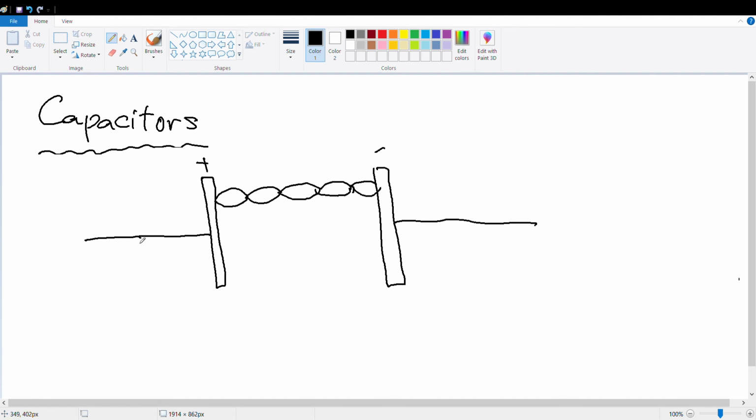So when charge moves from this side to this side, from positive to negative, the dielectric molecule gets polarized. So this one should be positive, negative, positive, negative, positive, negative, positive, negative.